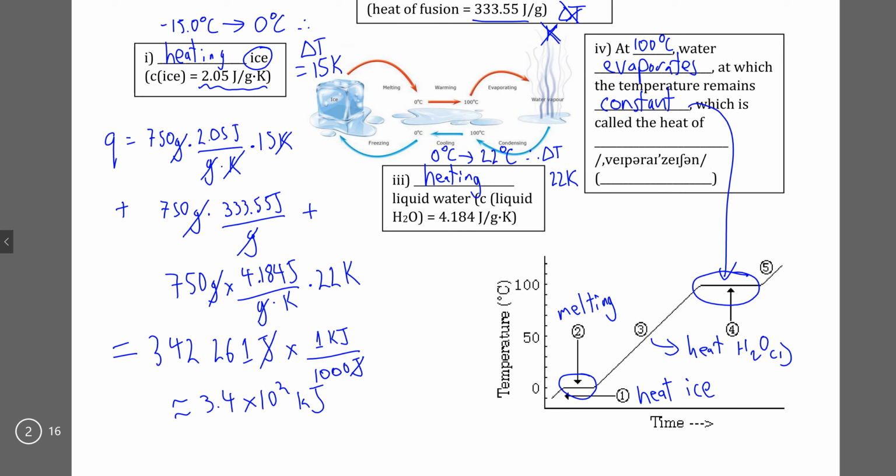We're adding in heat in order to break the hydrogen bonding that keeps water in liquid form, which, again, is why we call this the heat of vaporization, because this is the heat required to convert liquid water into water vapor.